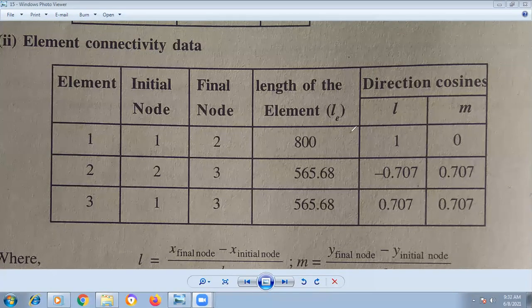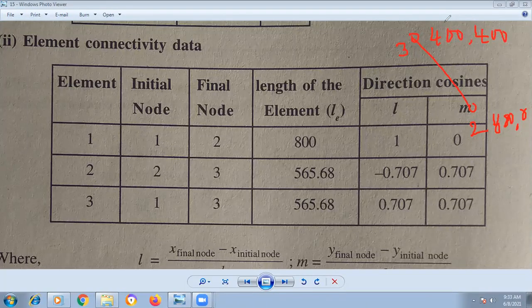Using direction cosines. This is node 2. This is node 3. This is 800, 0. This is 400, 400.